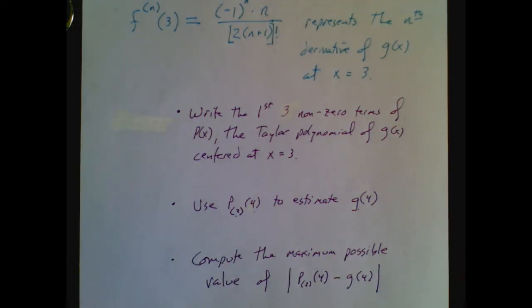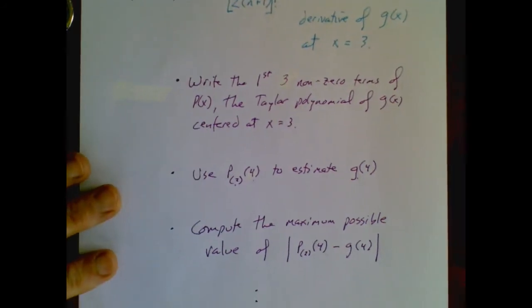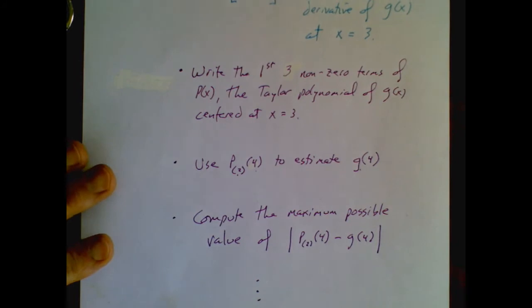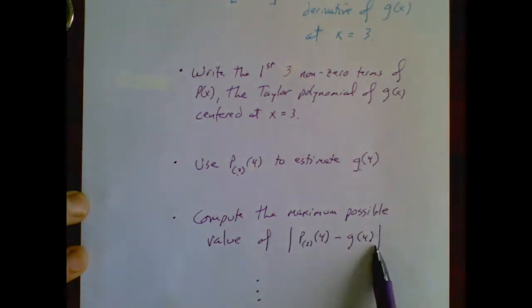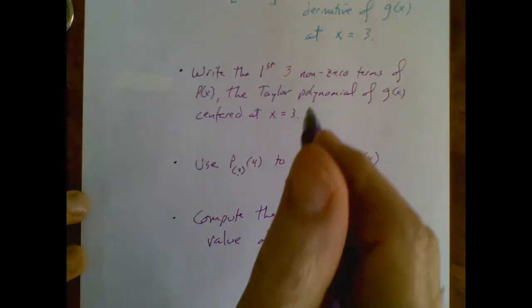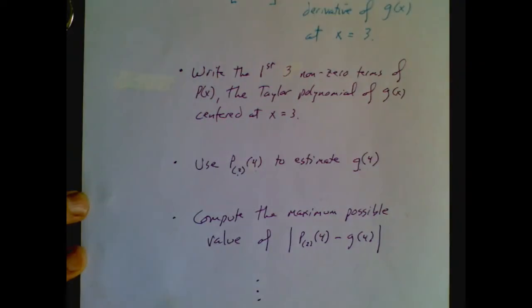And then compute the maximum possible error that you could have had with that estimate, because there's all sorts of questions you could be asked about this situation. I'm going to quickly go through my solutions to these 3 hypothetical questions, and I'm doing them quickly because you really, hopefully, feel comfortable with all of those, so it's a reminder of the fundamentals.